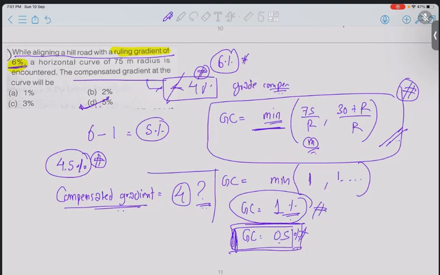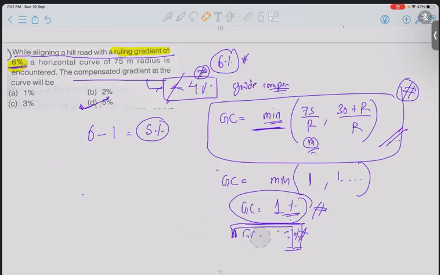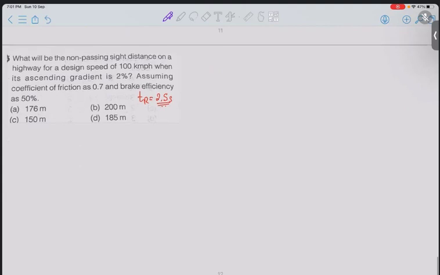Okay, now let's go to the next question. I will remove this to avoid any confusion. So this is the last question for today.